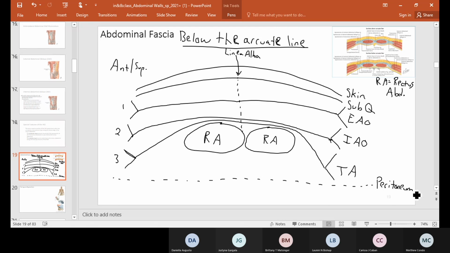Usually the very lowest one is not very well developed at all, but there's technically one sitting down at the pubic symphysis. Remember, arcuate line is going to be halfway in between the umbilicus and the pubic symphysis. So I could still technically have one set here, and then another set inferior to that.